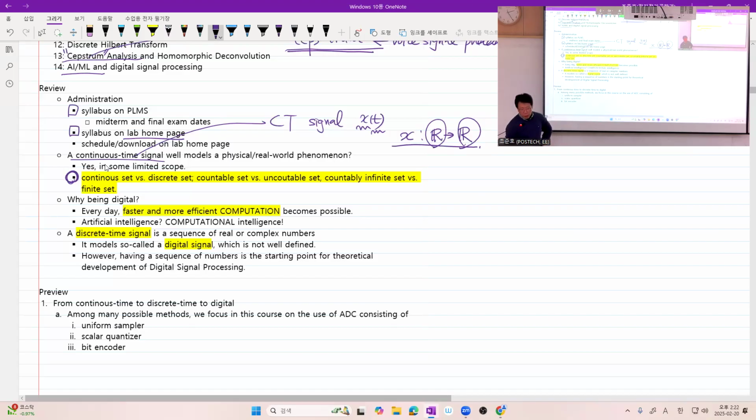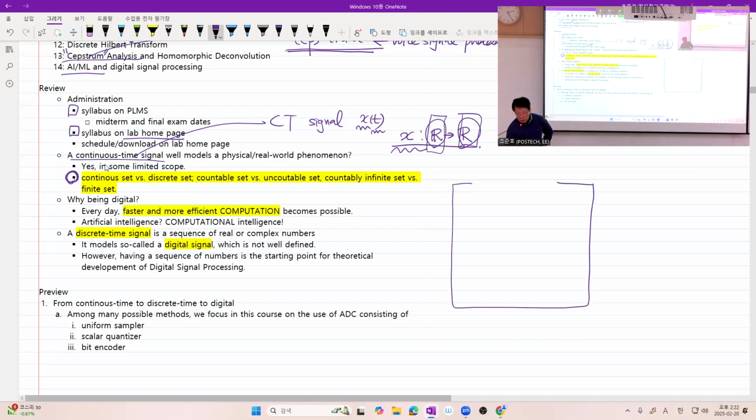As you see here, I will use a lot of mathematical notations you've learned from middle school or high school and even in undergraduate school. Something like this: a function named x that has domain R and range R. And in that case, we have sets, and there are some useful classifications about sets.